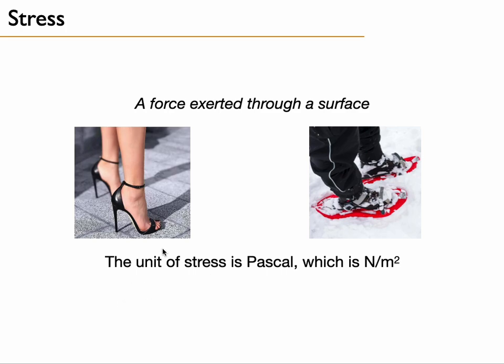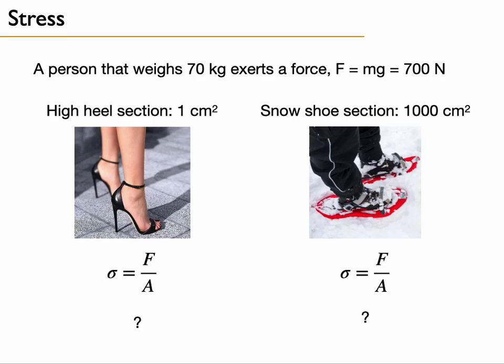So now let's think about these two persons, and let's assume that they weigh the same mass, 70 kilos for each person. These two persons are inside the same gravity field, so they feel the same gravitational acceleration.